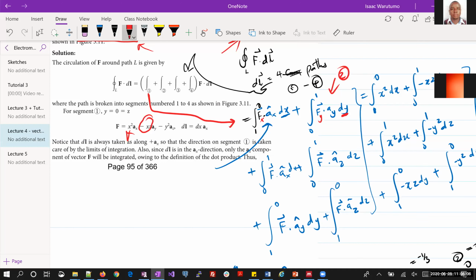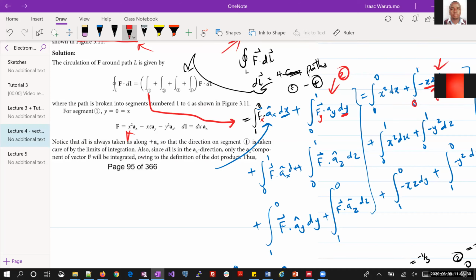What that gives us is that we are going to be integrating negative xz from y equals 0 to y equals 1, with respect to y. And that becomes a typical integration that you can do with respect to y.